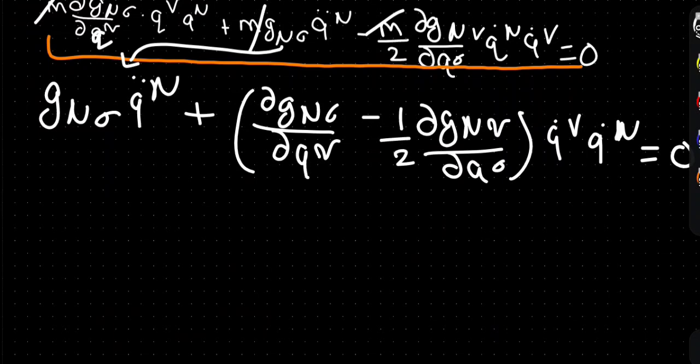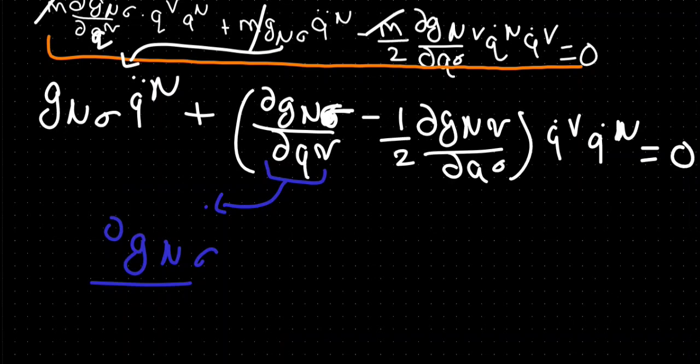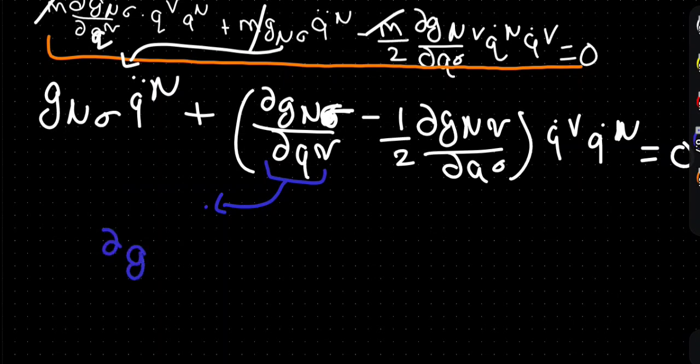Now what we have to do: this is sigma. I'm also going to use again the property of the symmetric tensor. See this particular thing: del g mu sigma divided by del q nu.